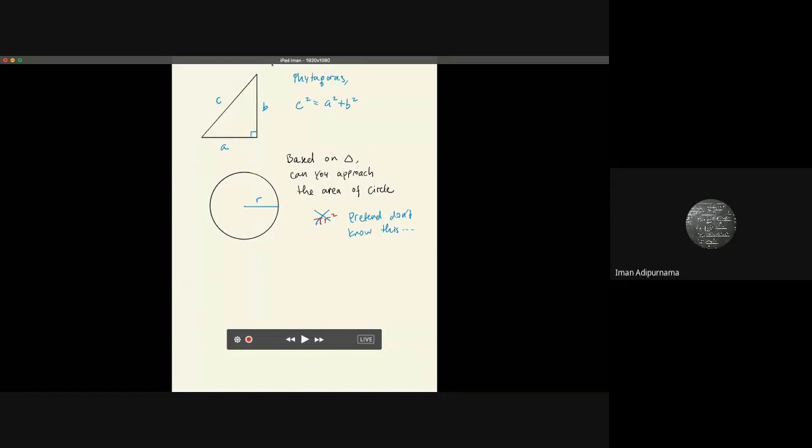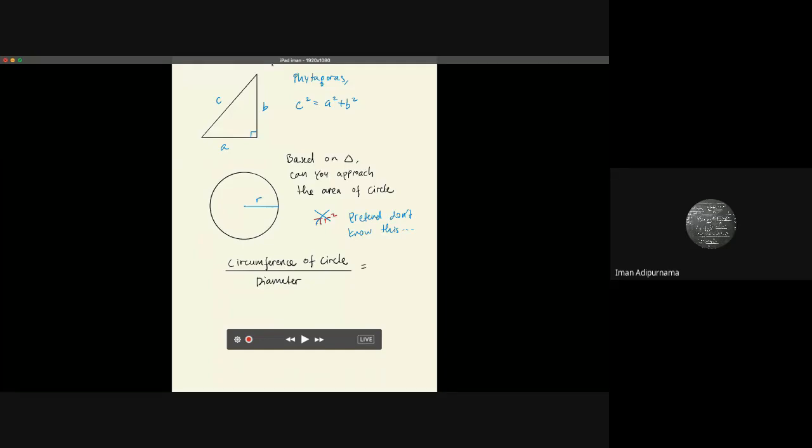Maybe it was a really long time ago, in ancient times, and they just discovered that there is a certain ratio between the circumference of a circle and the diameter.